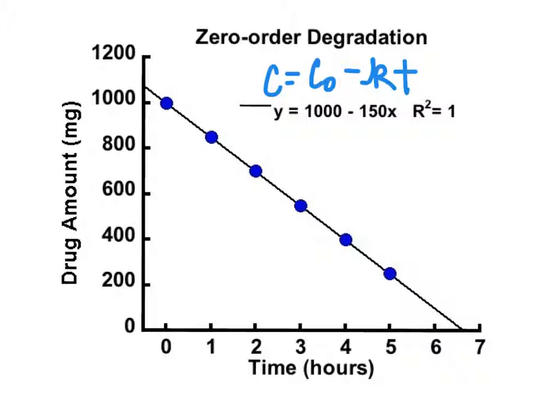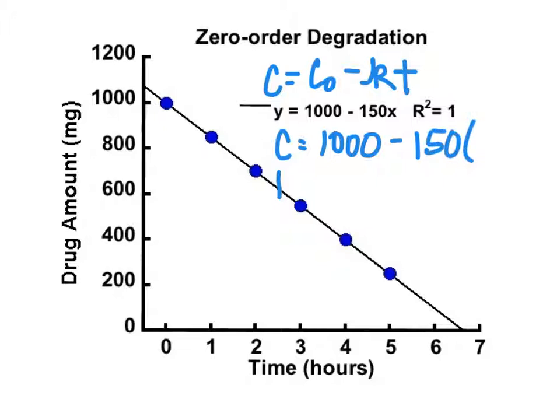We can then use this equation to solve for what our drug amount or drug concentration will be at any given time. So if we were interested in what the drug concentration would be, say at 2.5 hours, where we don't have an actual measurement, we could solve for this using the equation. Our concentration at that time would be equal to our intercept, or starting concentration of drug, 1,000 milligrams, minus that 150 milligrams we're going to lose per hour.